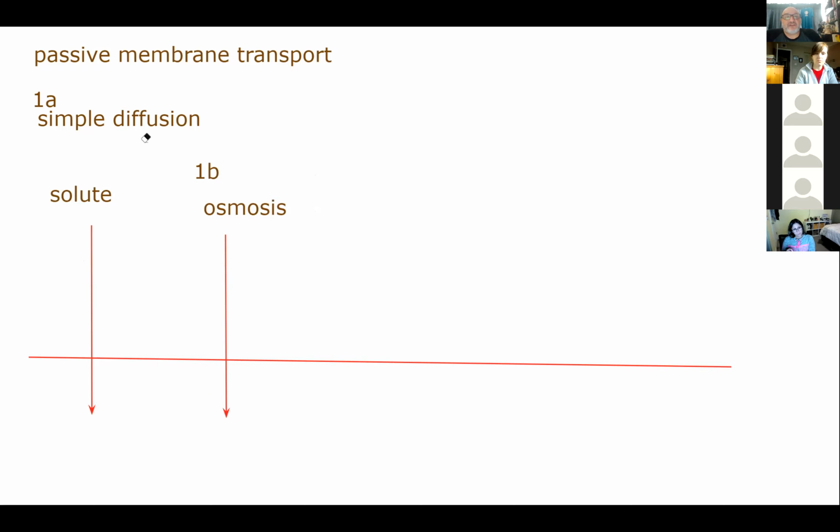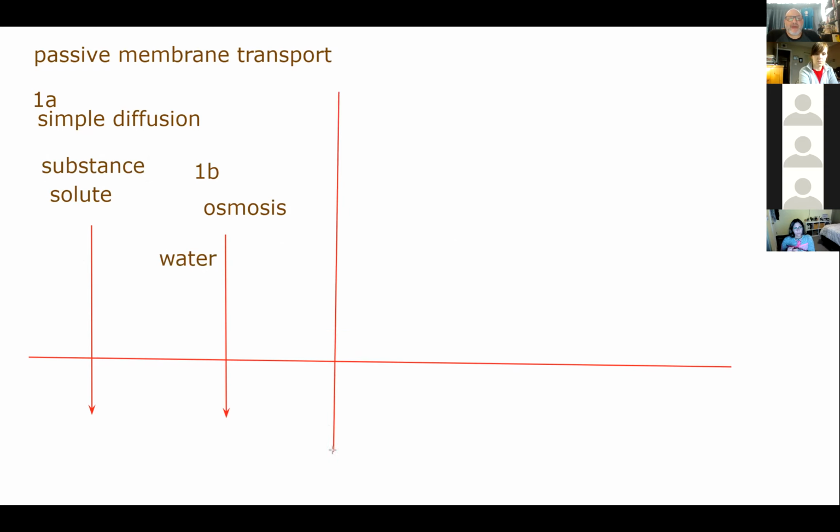The solute, the substance that is passing, the oxygen, the lipid, whatever it is passing through. Osmosis is just simply diffusion of water. But in both cases, it is passing through the plasma membrane without any help, just sneaking through those phospholipid bilayers. Okay.